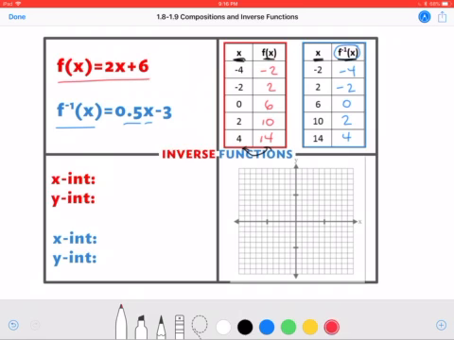So I want to graph the red function first. Negative 4, negative 2. That's about all I can fit on here. So it's a nice straight line. And then the blue one claims to be the inverse. If you were going to predict what the inverse would look like, what would you predict?